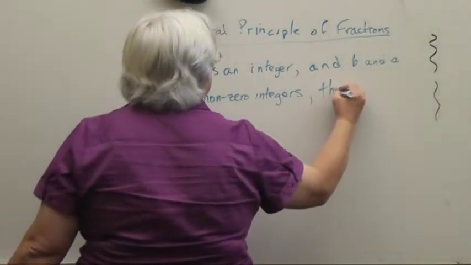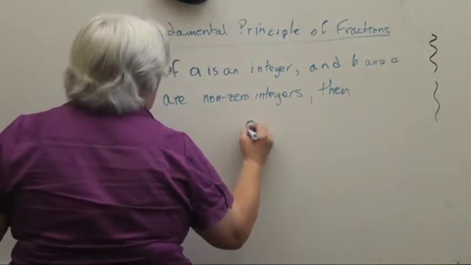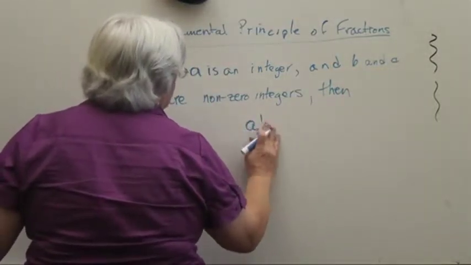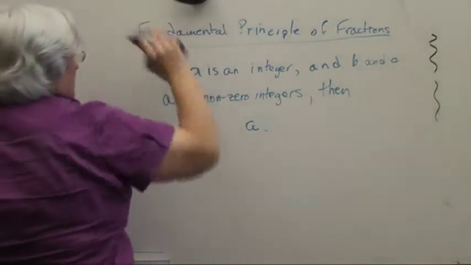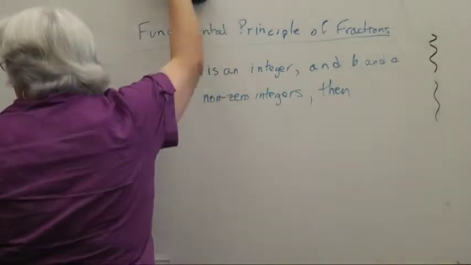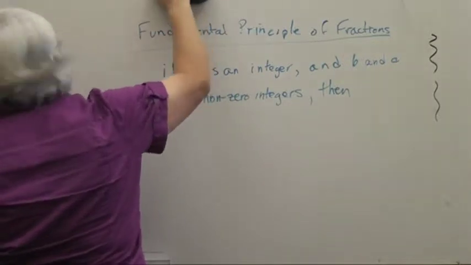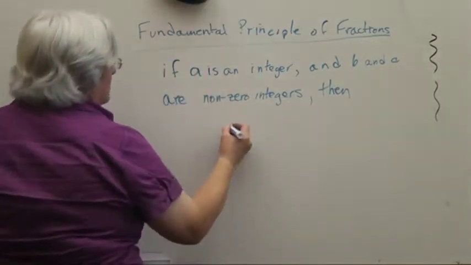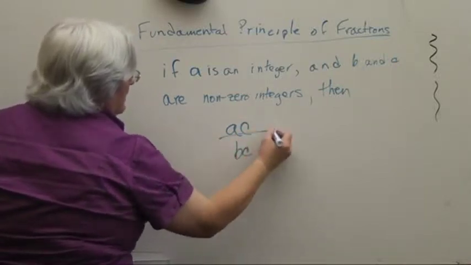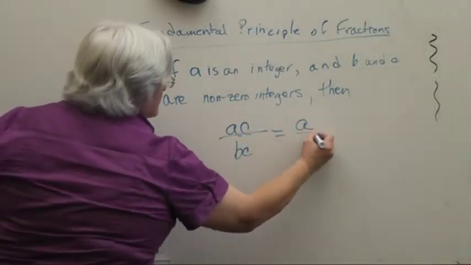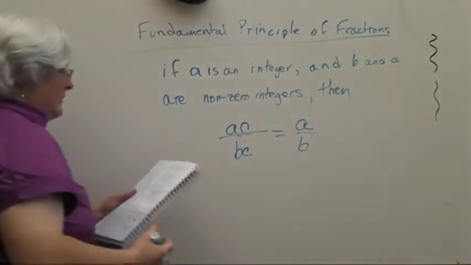Then AC over BC is the same as A over B.